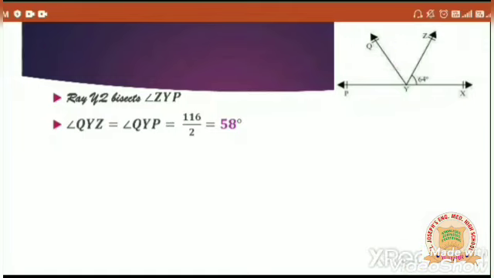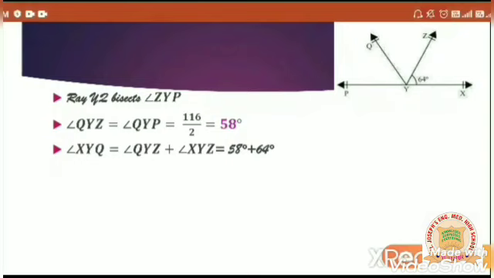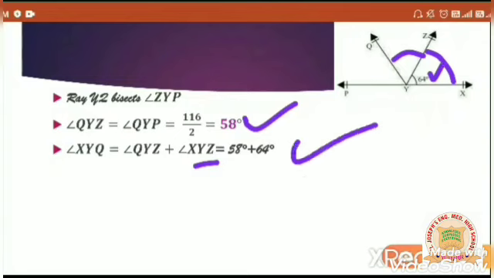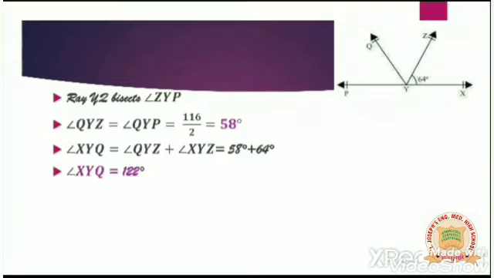So we know both the values. QYZ is equal to 58 degrees, and XYZ, they have given, is equal to 64 degrees. So 58 plus 64 is equal to 122 degrees. XYQ is equal to 122 degrees. We have got one solution, what they have asked.